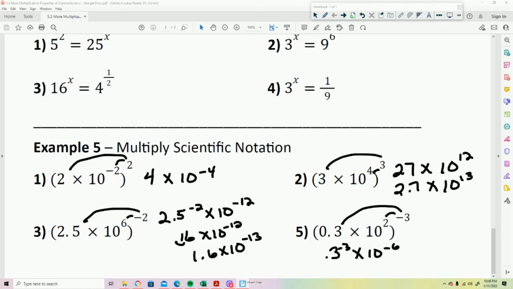This is not going to be a pretty decimal, but we're going to round it. So I get 37 and some change with the decimal. So I'm going to go with 30 times 10 to the -6. Make that smaller and make that larger. So I've got 3 times 10 to the -5. And that sums up this lesson.